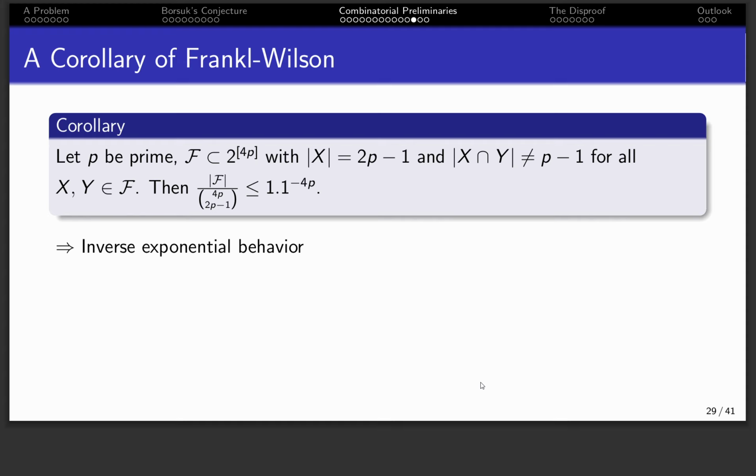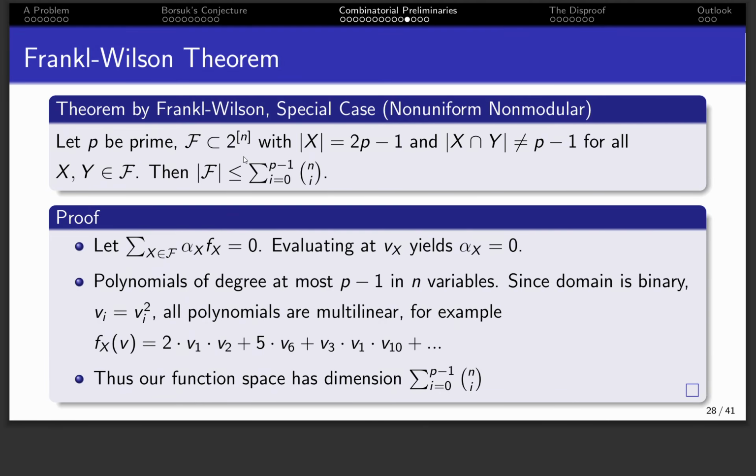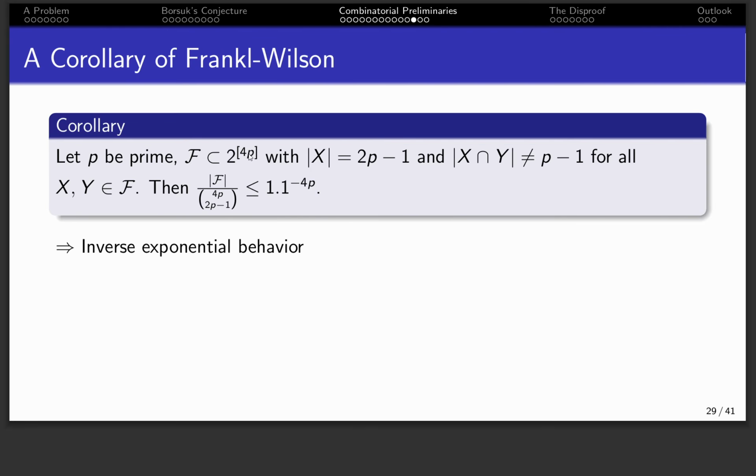Okay, now from this we get a corollary that if we choose n as 4p, so if we look at the last theorem, then the cardinality of f divided by 4p choose 2p minus 1 is smaller or equal to 1.1 to the negative 4p.